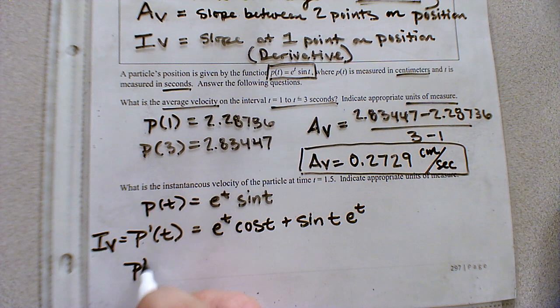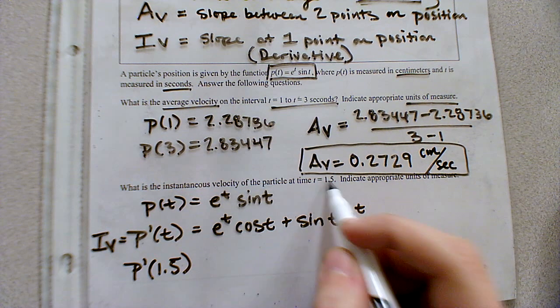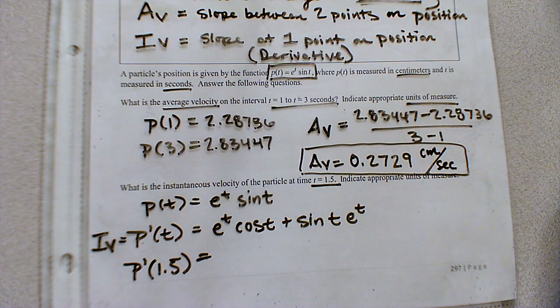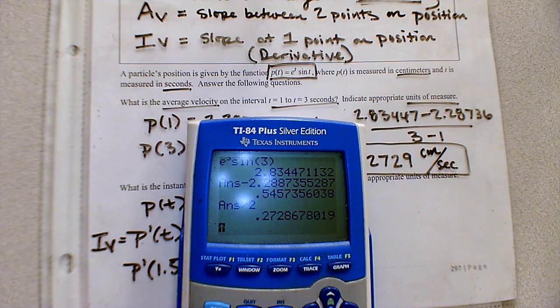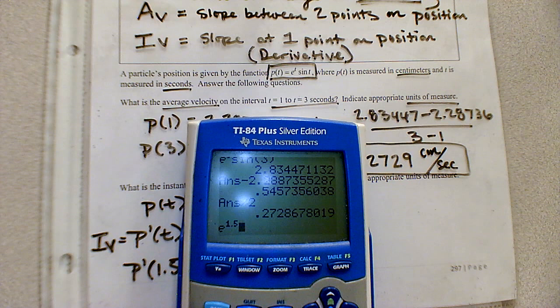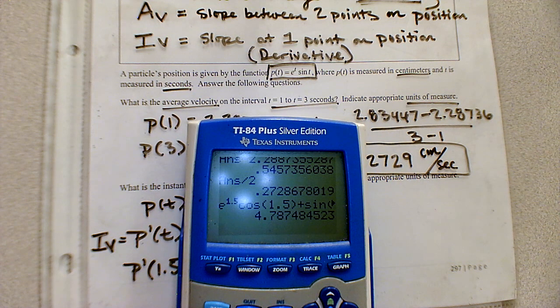So I'm going to go ahead and plug in 1.5 into all those t's, and then we'll see what we get. So e to the 1.5 cosine 1.5 plus sine 1.5 e to the 1.5. 4.7875.